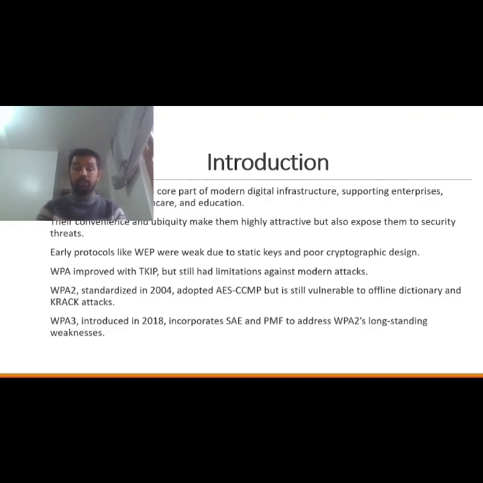That's why WPA3 was introduced in 2018. WPA3 has two systems: SAE, which protects the network from offline dictionary attacks, and PMF, which protects our network's authentication management frames.